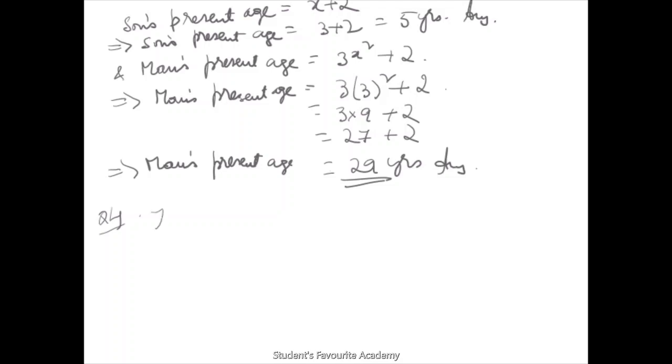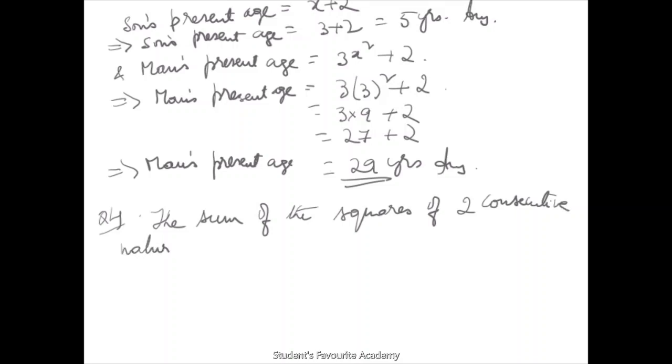The sum of the squares of two consecutive natural numbers is 41. Find the numbers.